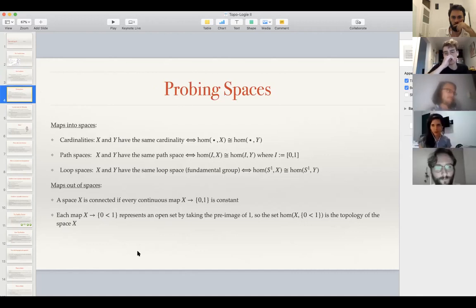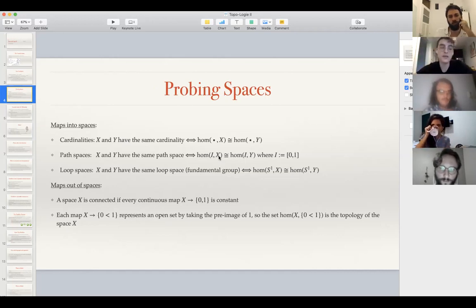These presheaves can be used to probe into different kinds of spaces. For example, if we look at all of the maps from a single point into a set, that collection of maps is exactly going to have the cardinality of the space, because you're just mapping a single point into any element, so there are as many as the cardinality.